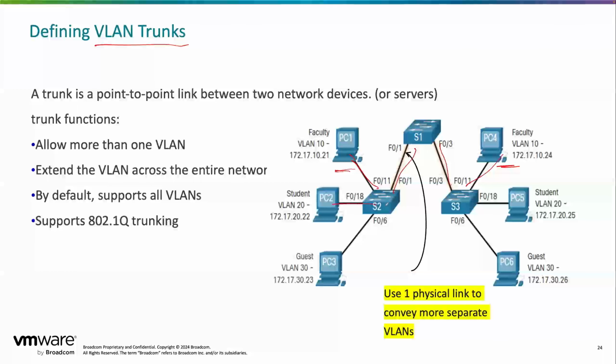VLAN 20 also goes this way, and VLAN 30 goes this way. So between S2 and S1, this physical link is kind of a shared link.